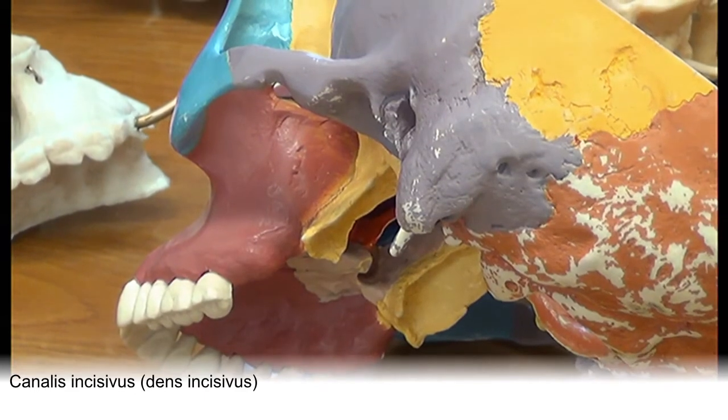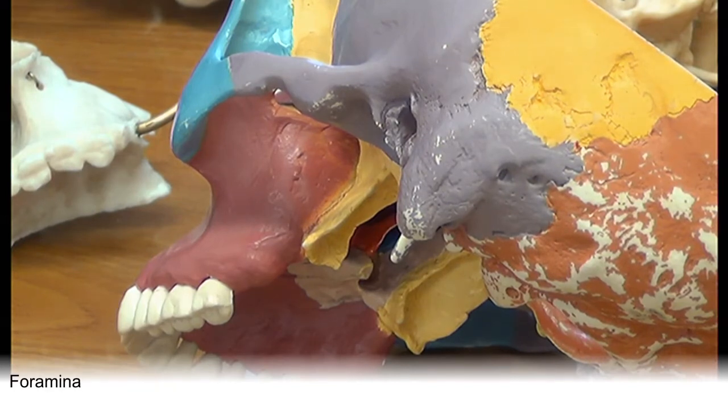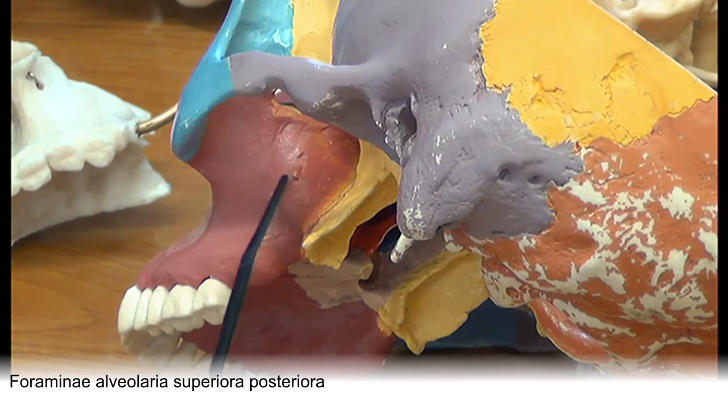They have quite a long name, foramina in plural: foramina alveolaria superiora posteriora. Why foramina? It's clear that they are small holes.